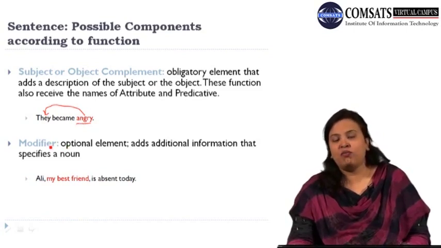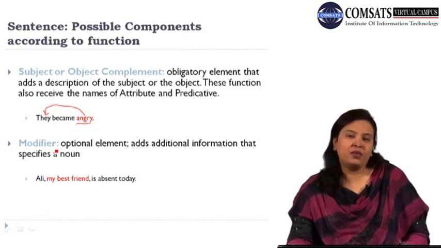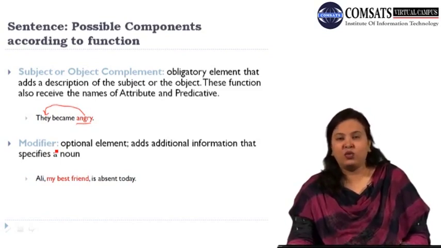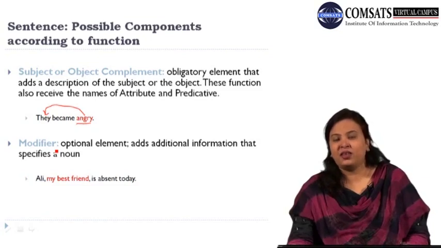Then the next is the role of a modifier. Modifier is an optional element in a sentence, and what do they do? They add additional information with respect to nouns, that specifies a noun. Sometimes in English we call them different things.